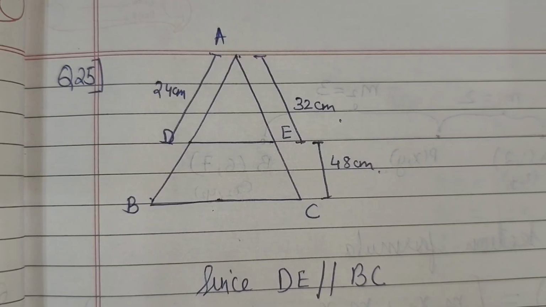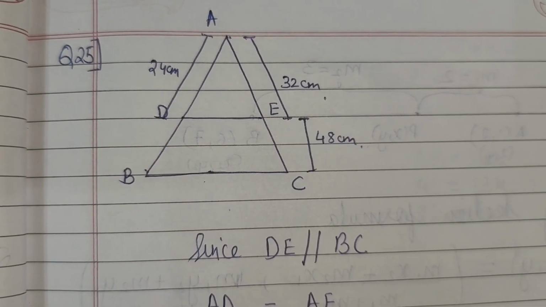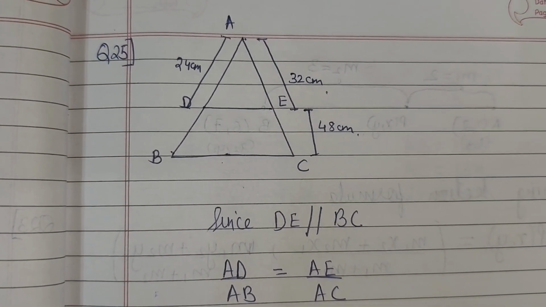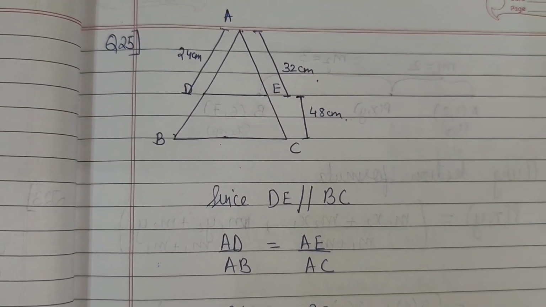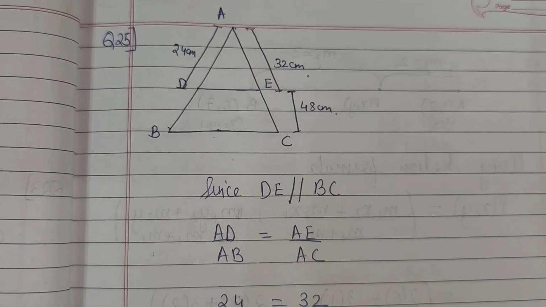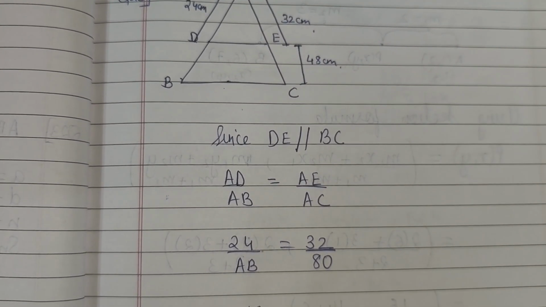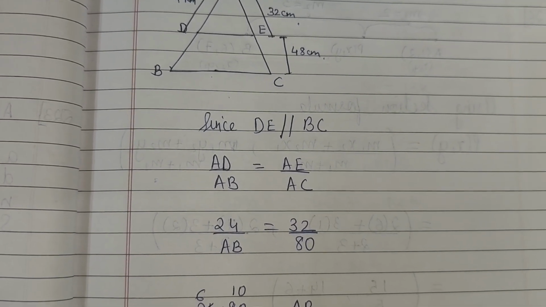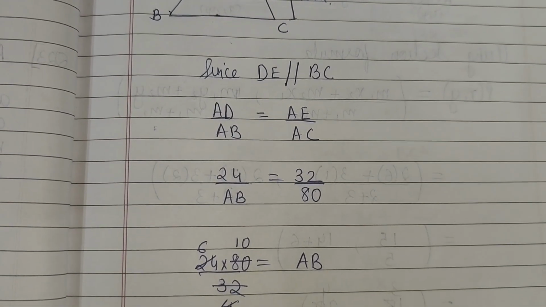Find AB. So now I have drawn that triangle ABC. Since DE is parallel to BC, I can write AD upon AB equals AE upon AC. So AD they have given us, 24 upon AB is equal to 32 upon 80.